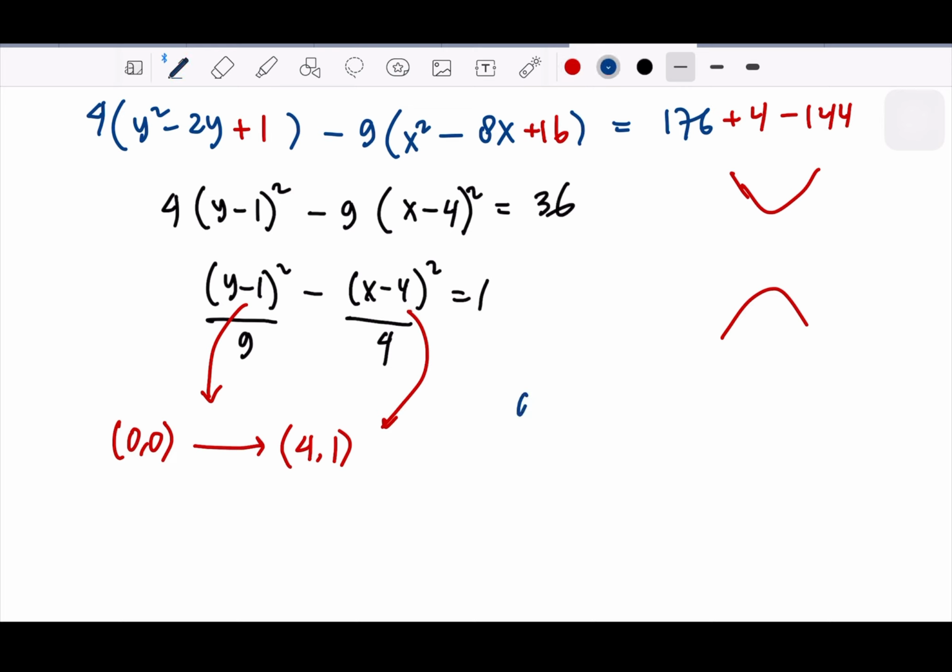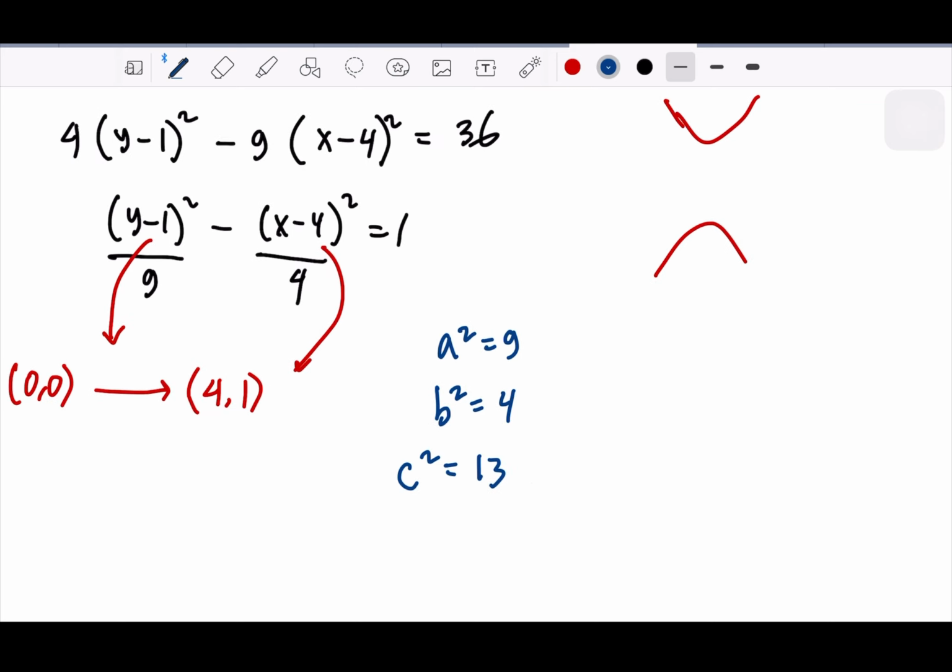And then let me write that a squared is 9, b squared is 4, and then c squared is the sum of 9 and 4, which is 13. So the focus, if it is at the origin, the focus will have plus minus square root of 13.